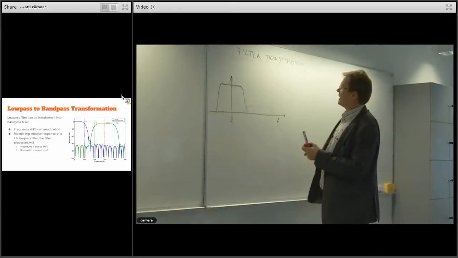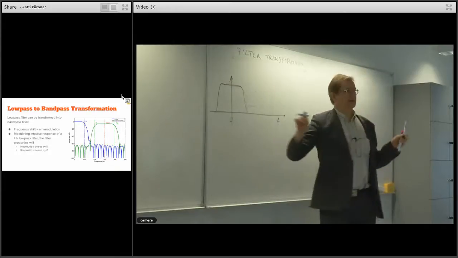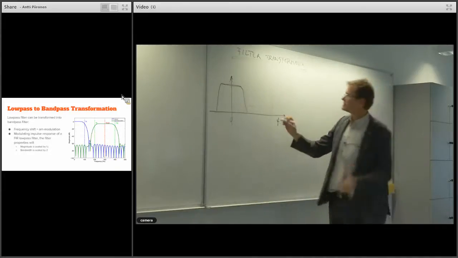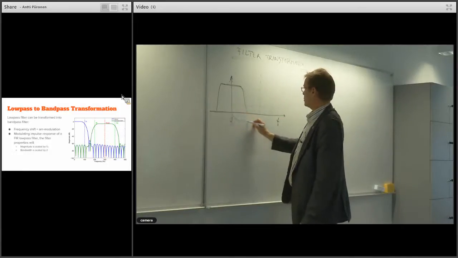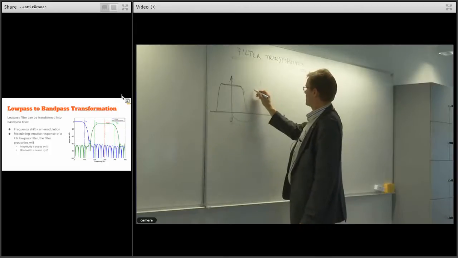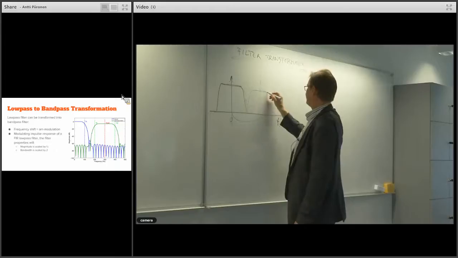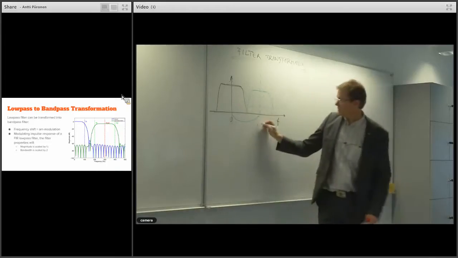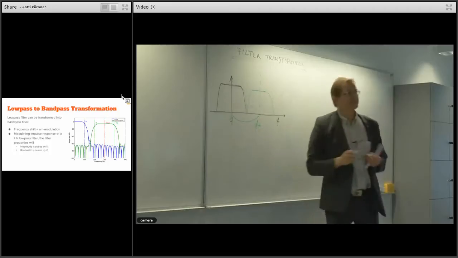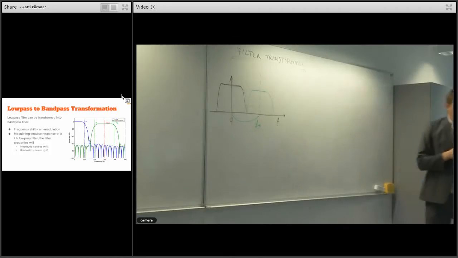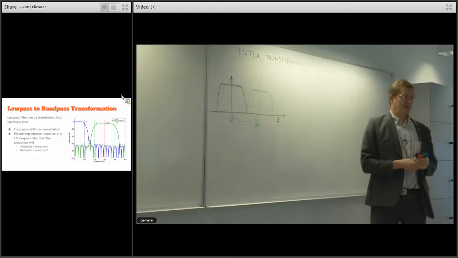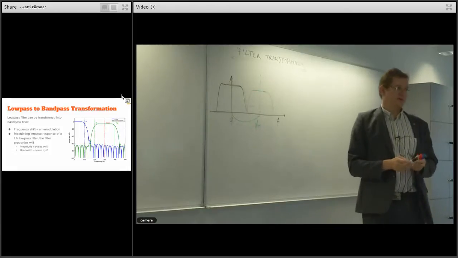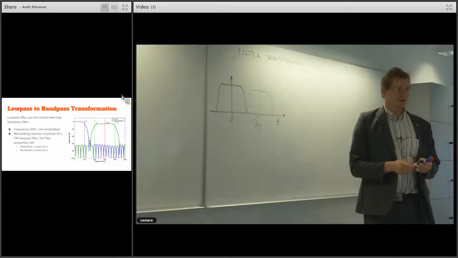If we want to move that filter as it is into a different location, for example, so that the center frequency would be here, so move everything here like that, how can we actually do it? This is quite familiar to you from the communications class, the 101 on communication: modulation. Simple cosine modulation.